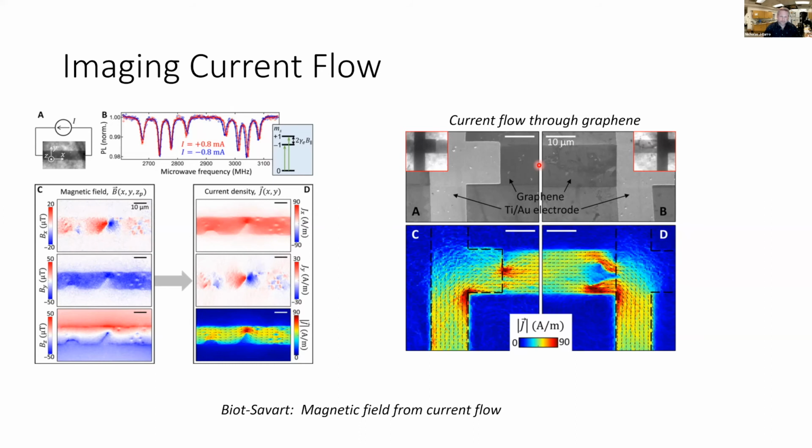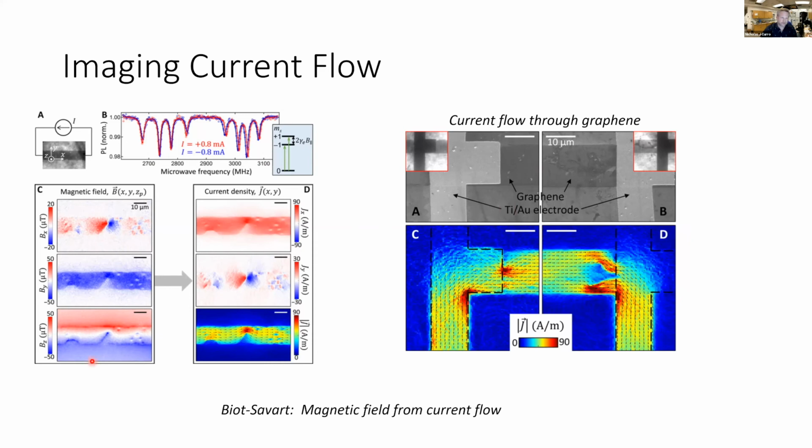But anyway, you can move those electrons around in graphene the same way you can move electrons in a conductor, by putting an electric field on, and they can move. We create a current, and that current flow will create its own magnetic field due to the Biot-Savart law, right? The flowing current creates a magnetic field, and that magnetic field can then be imaged by the NV centers, and that's exactly what's done here.